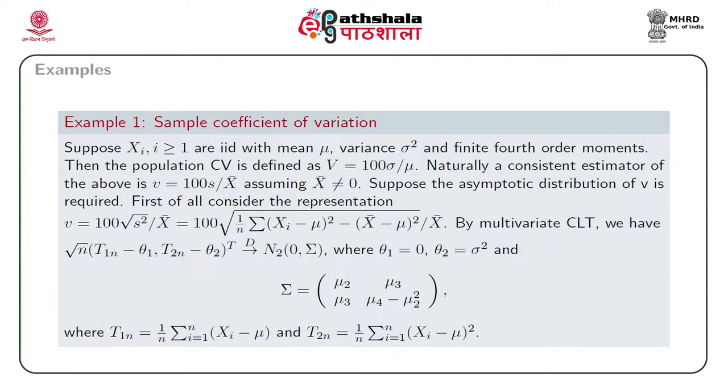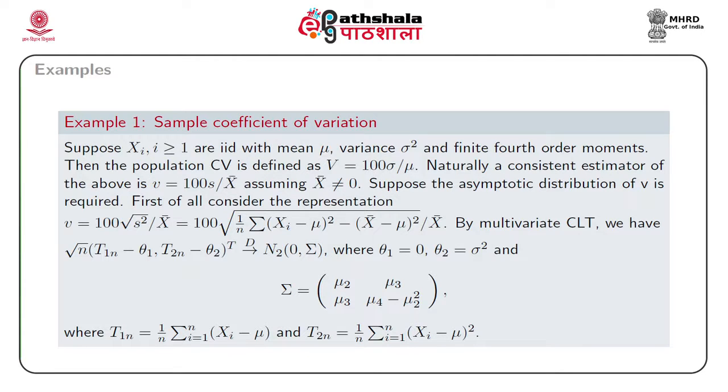So, using our previous multivariate CLT, we have square root of n multiplied by a vector with components T1n minus theta 1 and T2n minus theta 2 is asymptotically bivariate normal with dispersion matrix sigma, where theta 1 equal to 0 and theta 2 equal to sigma square, and sigma is, as defined earlier, a 2 cross 2 matrix with first row having elements mu 2 and mu 3 and the second row having elements mu 3 and mu 4 minus mu 2 square.